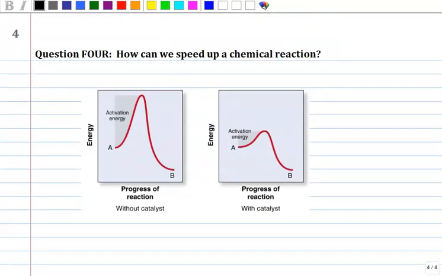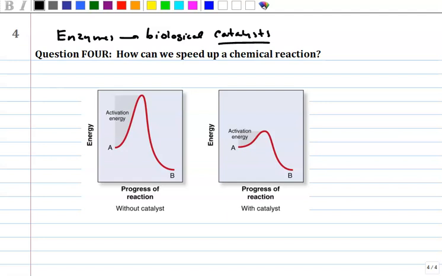That's a very, very important consideration in chemistry and biochemistry, because there are times when we need chemical reactions to proceed at a higher rate. So later on in this class, we'll talk about something called enzymes, and they are biological catalysts.